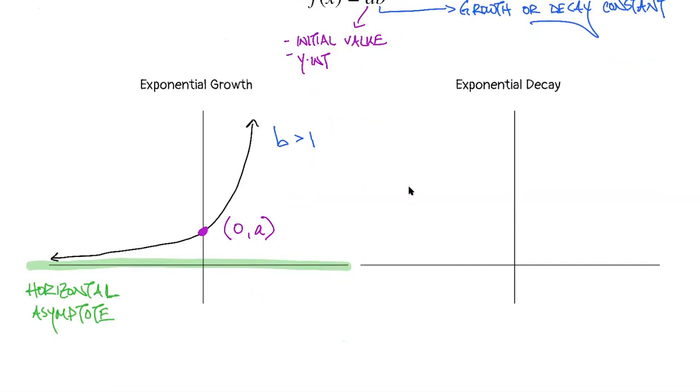Asymptote is a funny word. It definitely has a lot of consonants going on in there, but that is how you spell it. So a horizontal asymptote. For us, what that means right now is that the curve gets really close to that green line, but it doesn't actually touch the green line. Now this asymptote has an equation, and we're going to write it as y equals 0, because on this green line, every single point has a y value of 0.